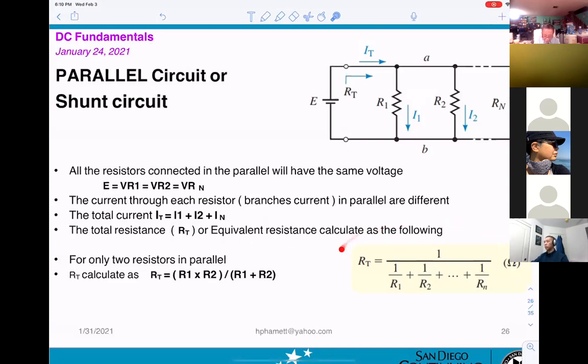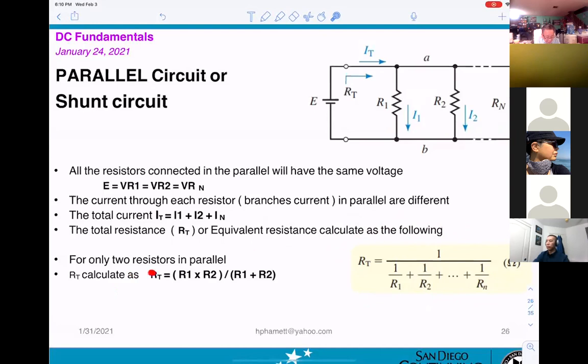If you want to calculate the total resistance, you combine R1, R2, Rn into only one resistor using this formula: R total equals 1 divided by 1 over R1 plus 1 over R2 plus 1 over Rn.